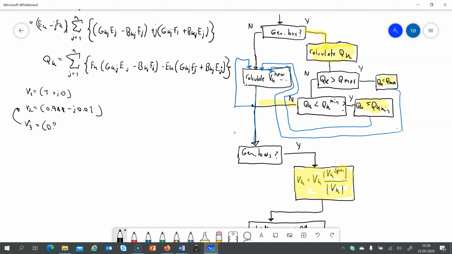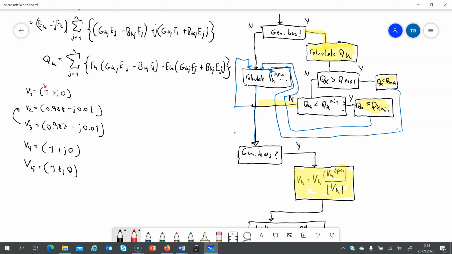You get something like 0.987 minus j0.01. And then V4 equals 1 plus j0. V5 equals 1 plus j0, like that. So this is the voltage.